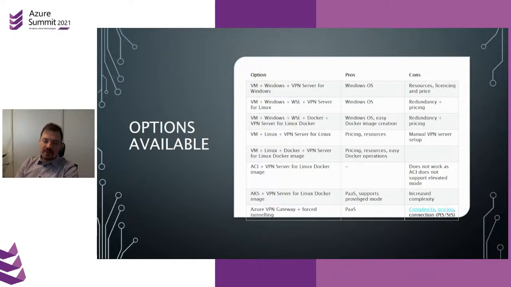Also, we can use a PaaS, platform as a service, Azure VPN Gateway. This is a built-in Azure VPN solution, which is intended to be used for connecting a local network to the Azure network.